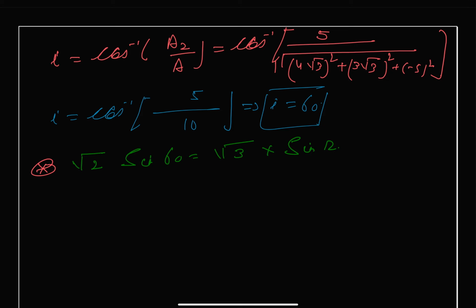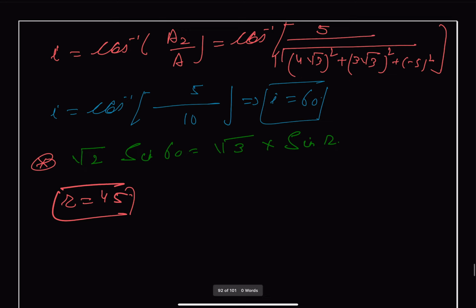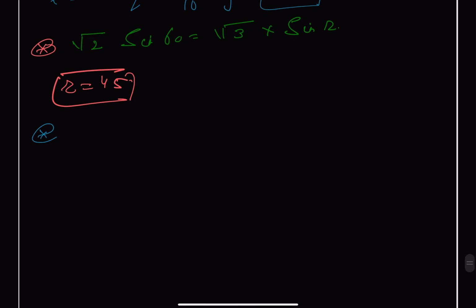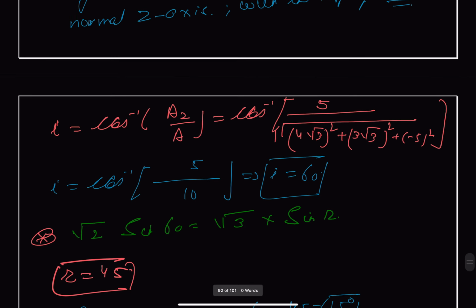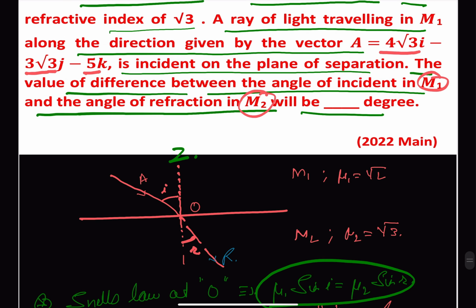And from here you can easily see that our r will be equal to 45. We need to find the difference between the angle of incidence and refraction, so i minus r, that is 60 minus 45, is equal to 15 degrees. So this is our answer, 15.